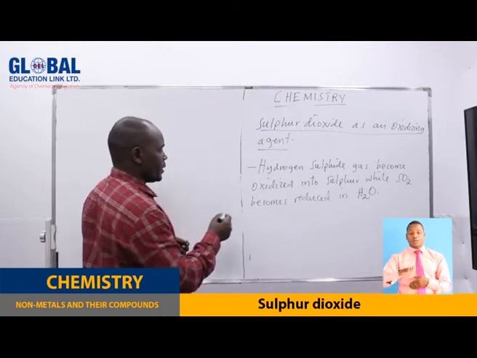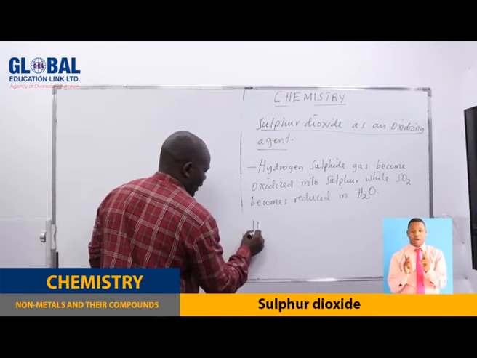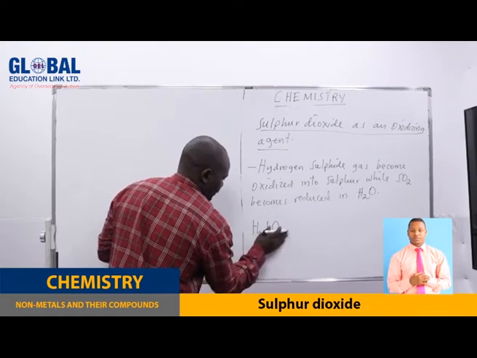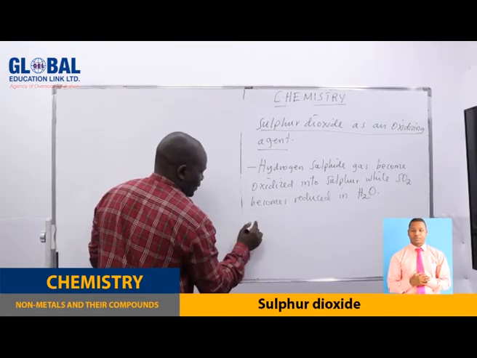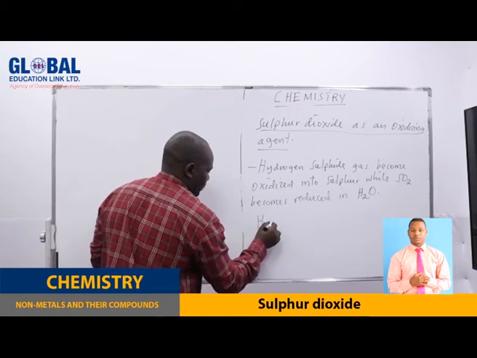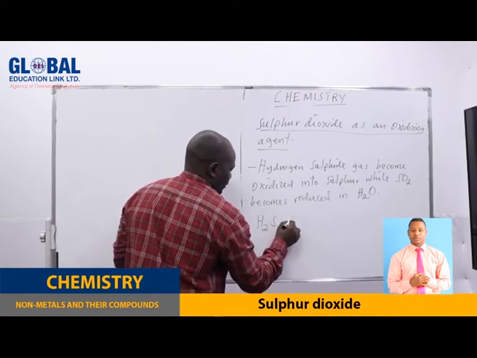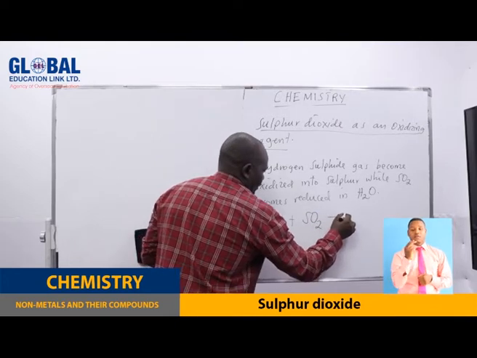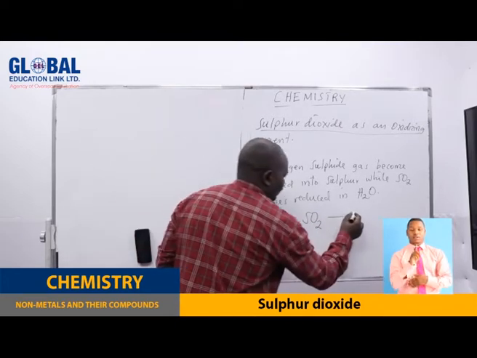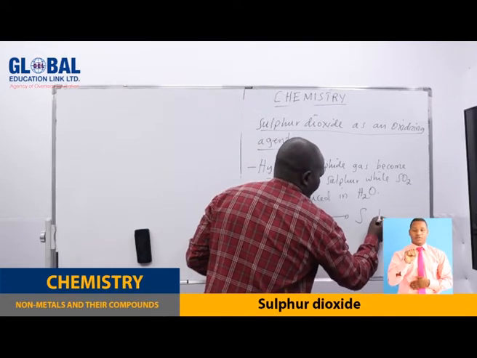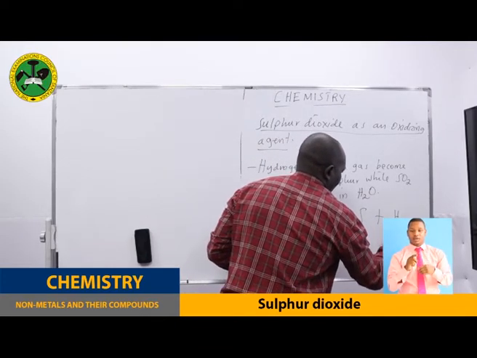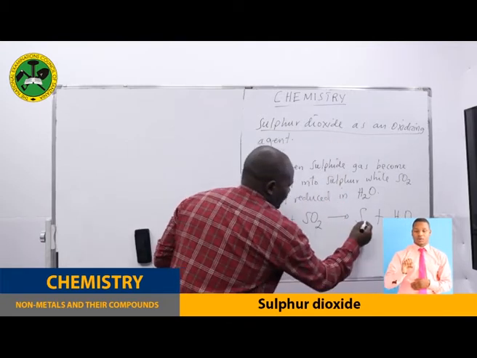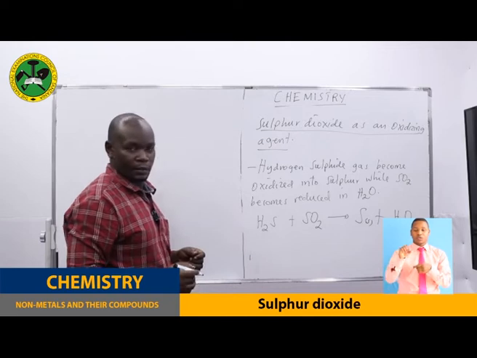So if you have hydrogen sulfide and treat it with sulfur dioxide gas, the products are sulfur plus water as a liquid. And sulfur here is solid.